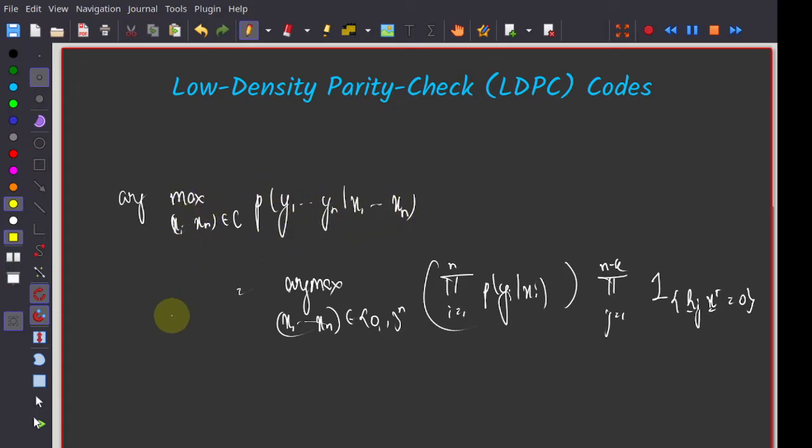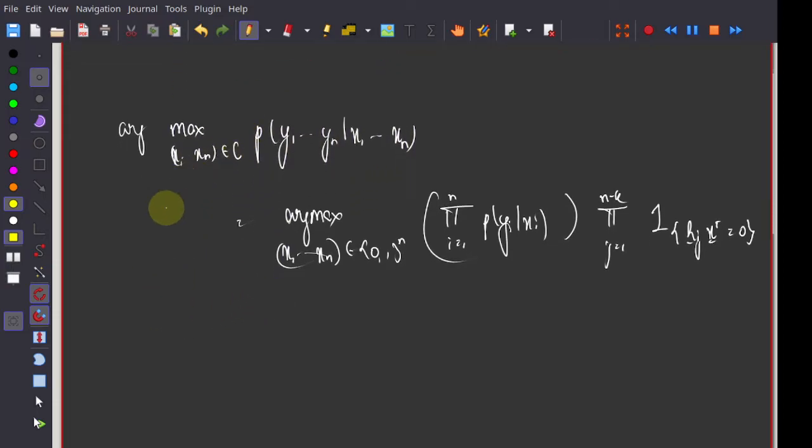Suppose I want argmax over xi of p of y1 to yn given xi. I want to find the maximum likelihood estimate of the ith bit. I don't really care about what the other bits are. Suppose I just simplify the problem to find the ML estimate of the ith codeword bit only.